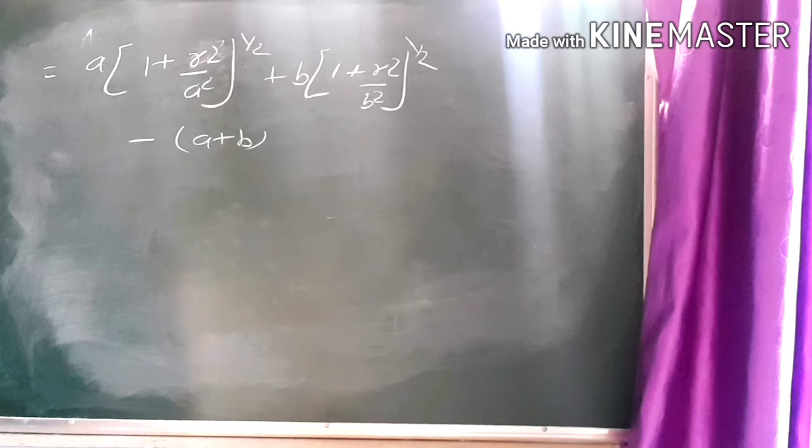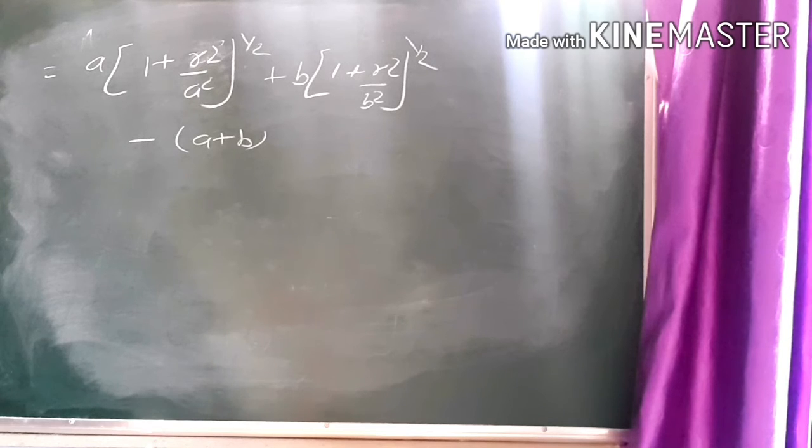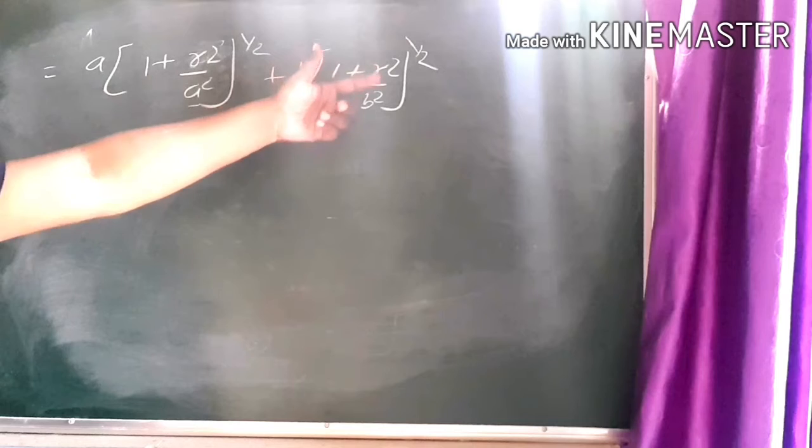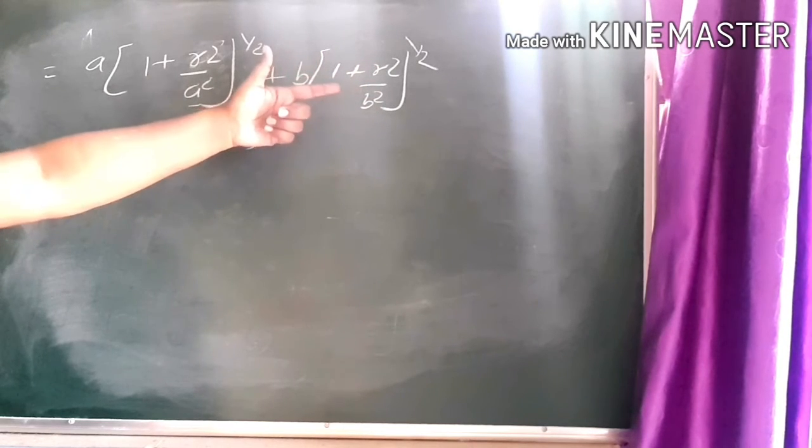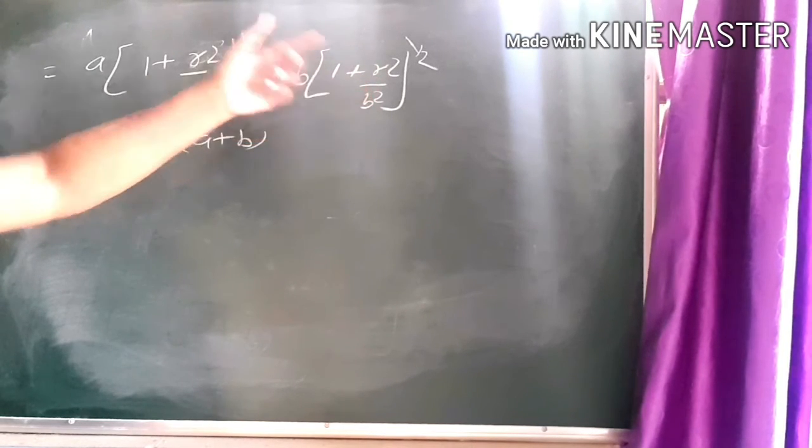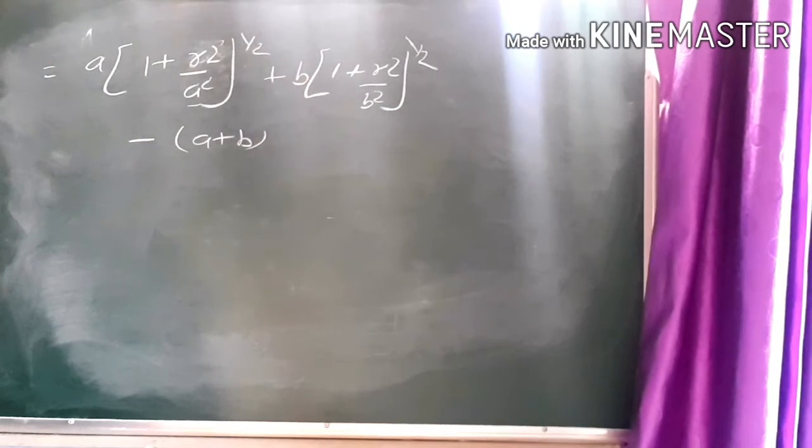Now because r, the radius of the circular aperture, is very much less than a and b, r is much less than a and also much less than b. We have this ratio less than 1, and also this ratio less than 1. If this is less than 1, we can expand it binomially.